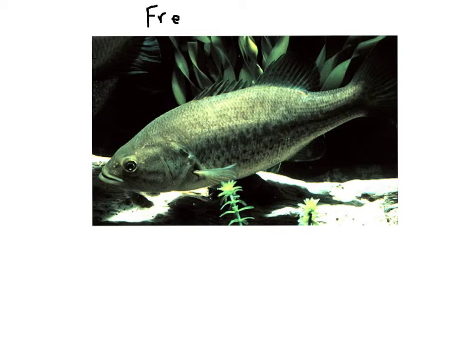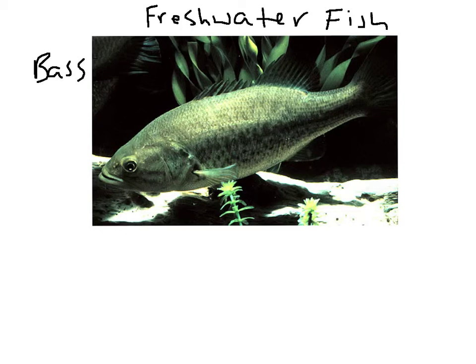That's a largemouth bass. So you could draw that, do the best you can. Freshwater fish. This is a bass. Let's see, so I can draw this fish here and kind of got some nice little dorsal fins there and kind of come back around. Wow, that's a lot easier to draw when I put a little eye in there. Pretty good. Look at me. Alright, so here we go.